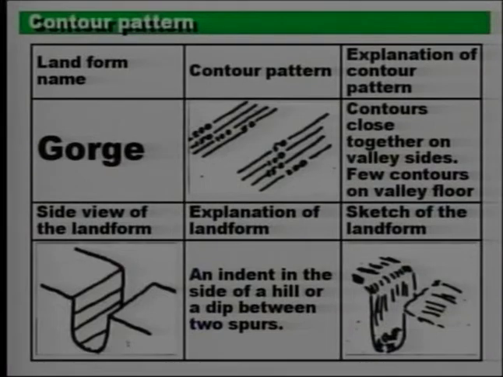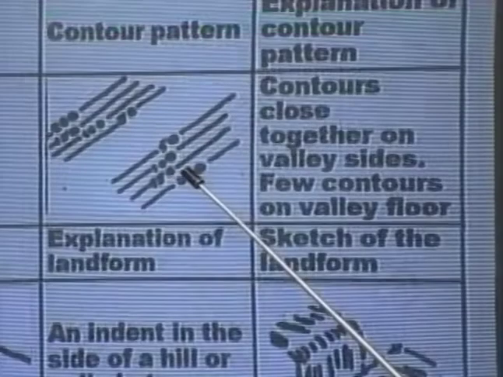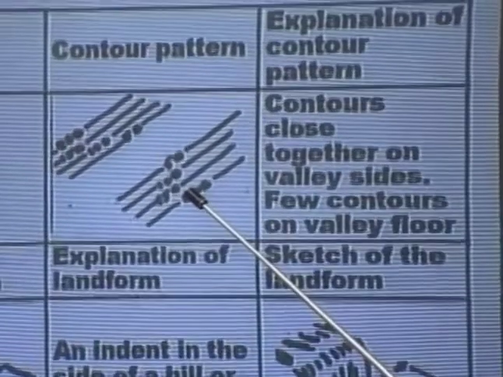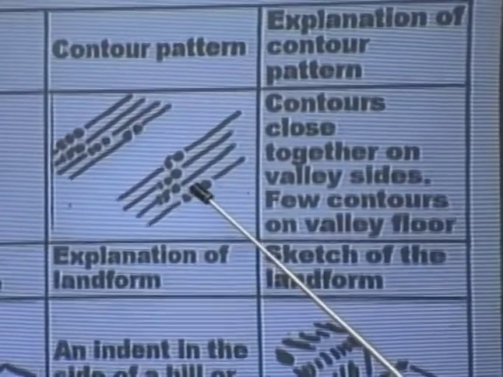Contours are close together on the valley sides, these sides here, and you will find very few contours on the valley floor. This part here is the valley floor, and where the contour lines are, they are showing us the valley sides.